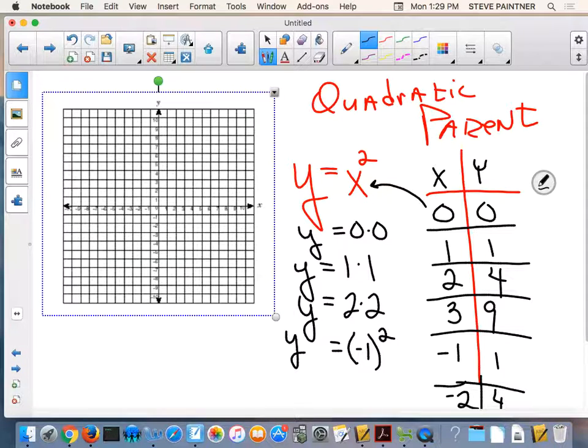You got them. Now, if you graph all those points, here they are: 0, 0, 1, 1, 2, 4, -1, 1, -2, 4. And then I also did a 3, 9, so I'll put the 3, 9 on there. Can you see it? Does it look like a U?